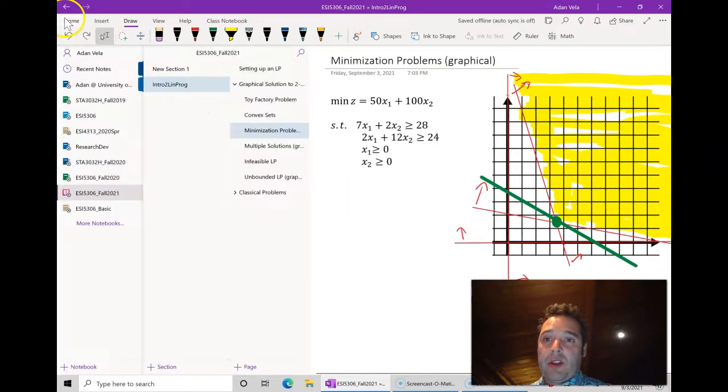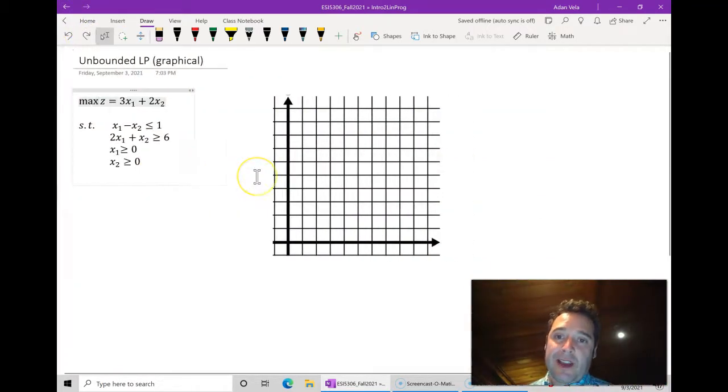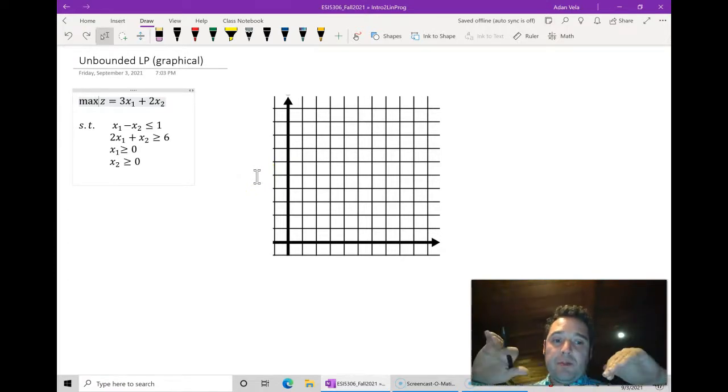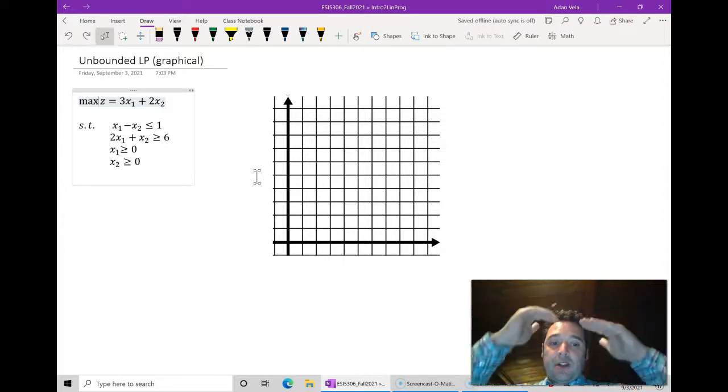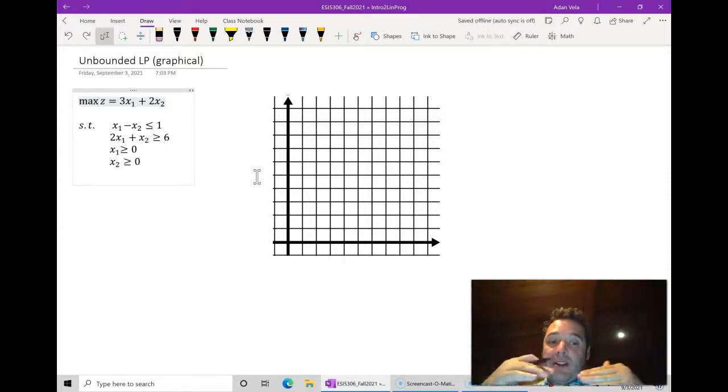So in the unbounded case, what's going to end up happening is our constraints are actually going to be below the isoline corresponding to the objective function, and this is going to allow our objective function to increase indefinitely, out to infinity. And for that reason, we say our linear program is unbounded.